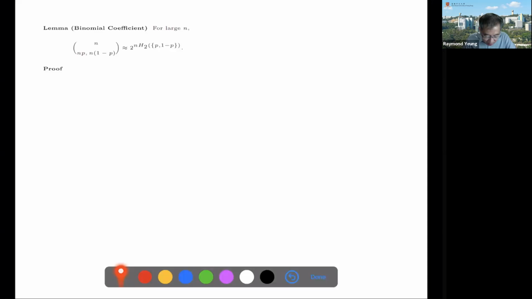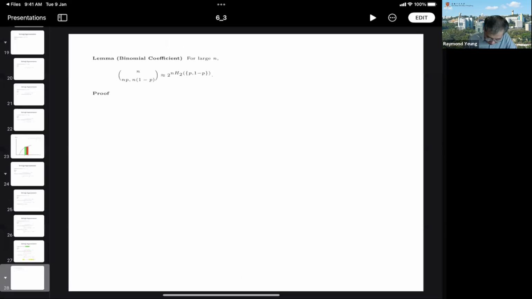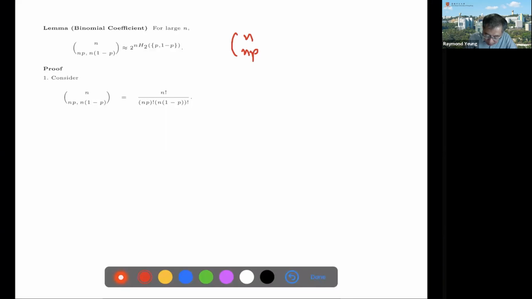We assume that these are integers as well. It says that n choose np is approximately equal to 2 to the power n times the binary entropy of this binary distribution. This is a very important consequence of Stirling's approximation.